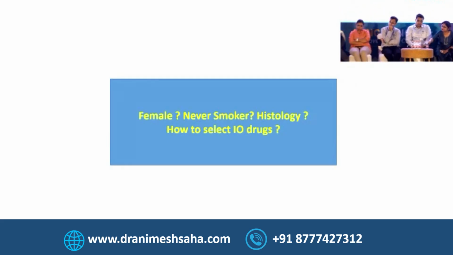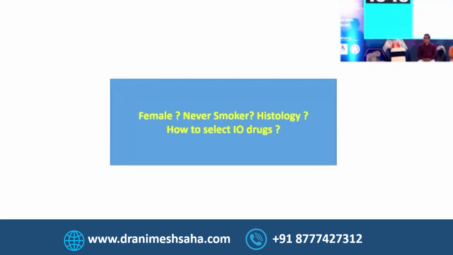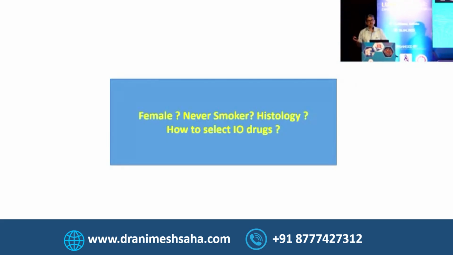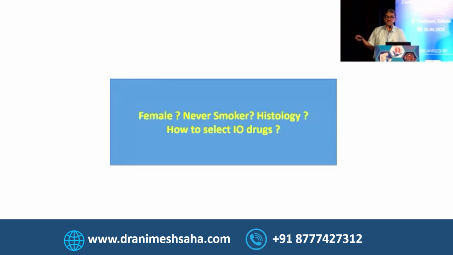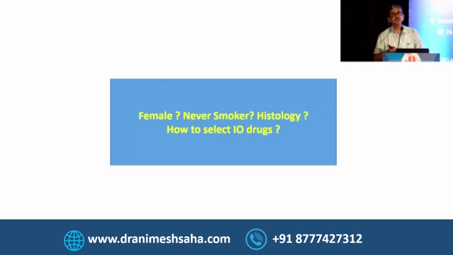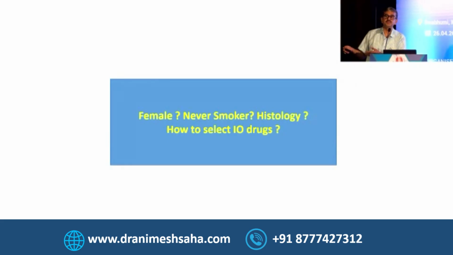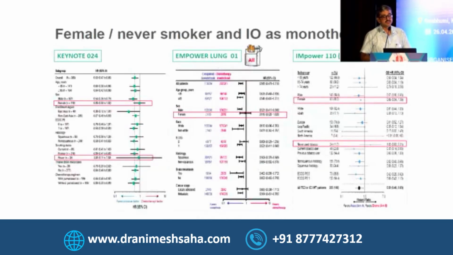We know that if oncogenic driver, female, non-smoker, Asian population, more prone for the EGFR TKI. But on the contrary, if we go to immunogenicity, it is the reverse: male, chronic smoker, this kind is more prone for immunogenicity. The literature also says that way, in KEYNOTE-042, EMPOWER-Lung 1 and IMpower110.